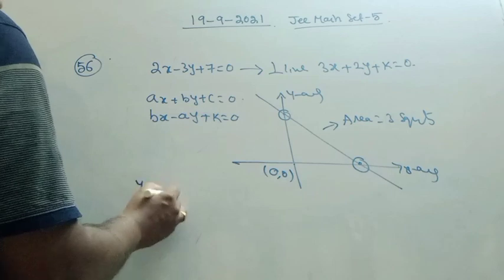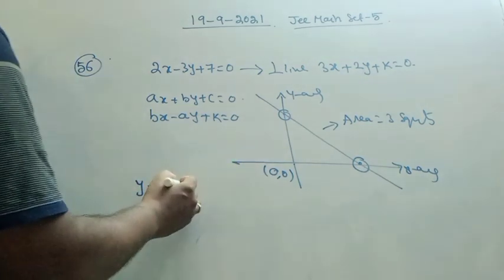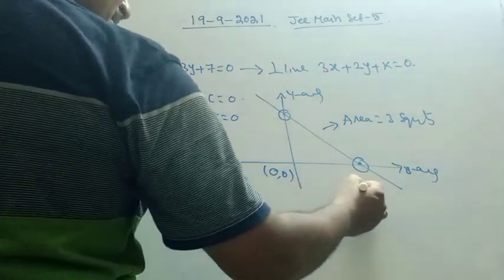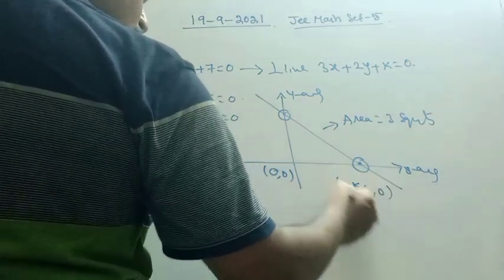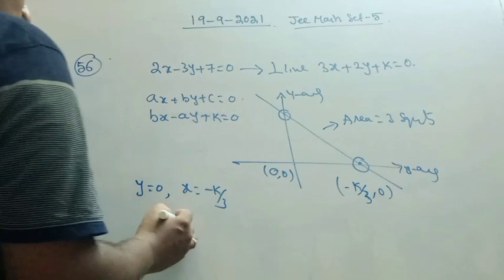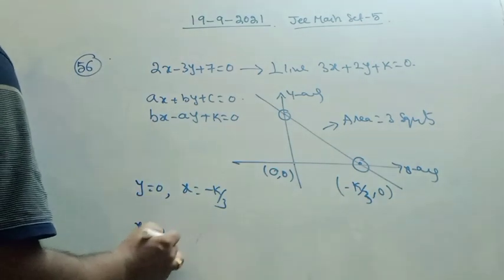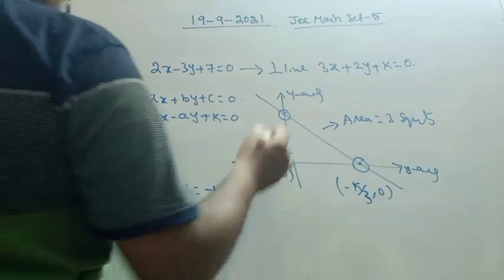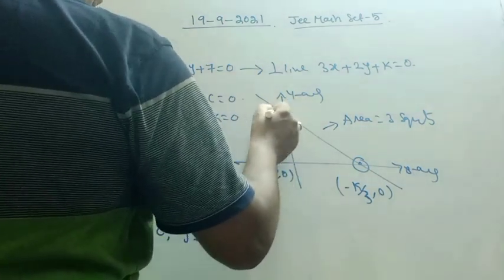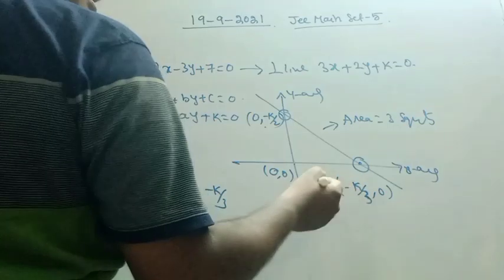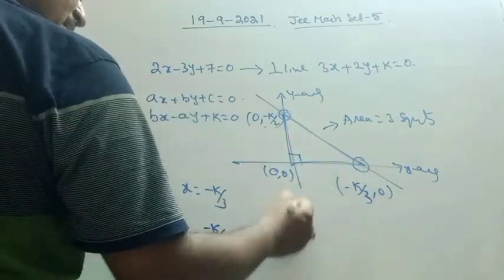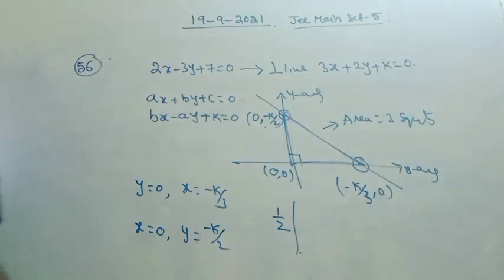By putting y equal to 0, you get x equal to minus k by 3, so the point is minus k by 3 comma 0. To get the y-intercept, take x equal to 0, and y is equal to minus k by 2, so the point is 0 comma minus k by 2. Now, this is a right angle triangle. Area is nothing but half into base into height.